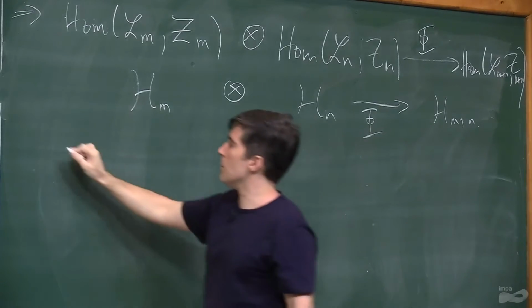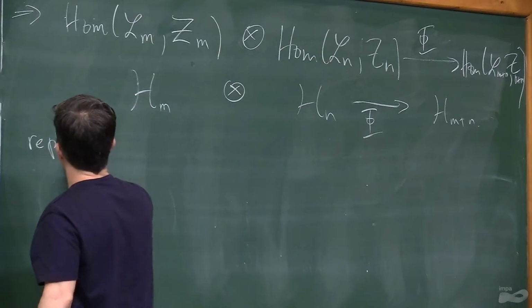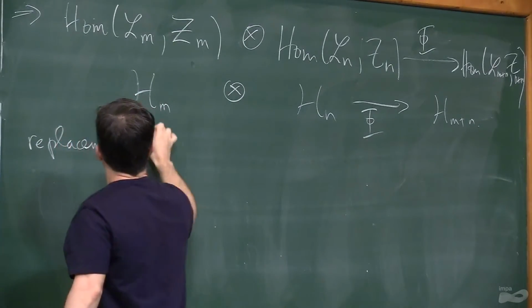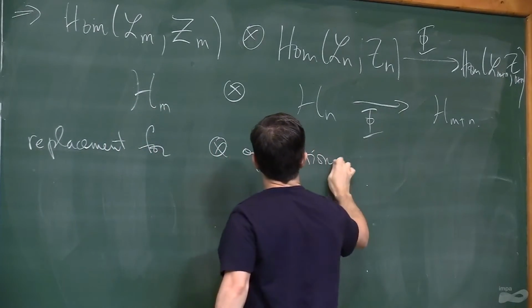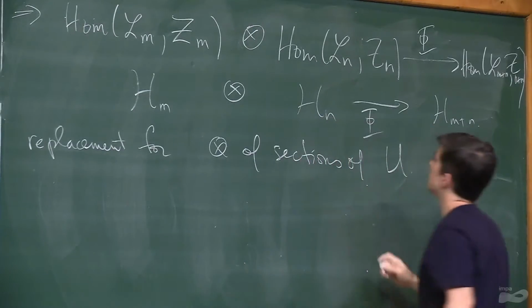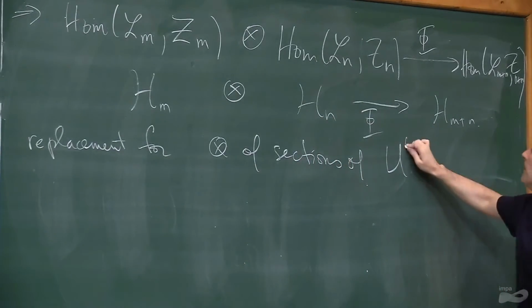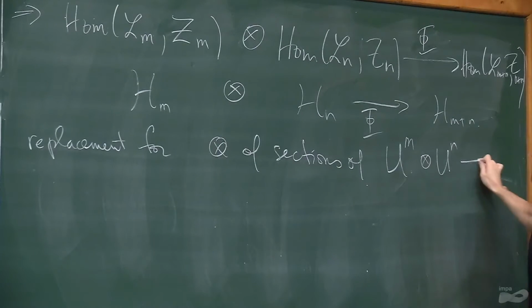So this is the replacement for the tensor product of sections of L, of U_M, U_N, U_{M+N}. Okay.